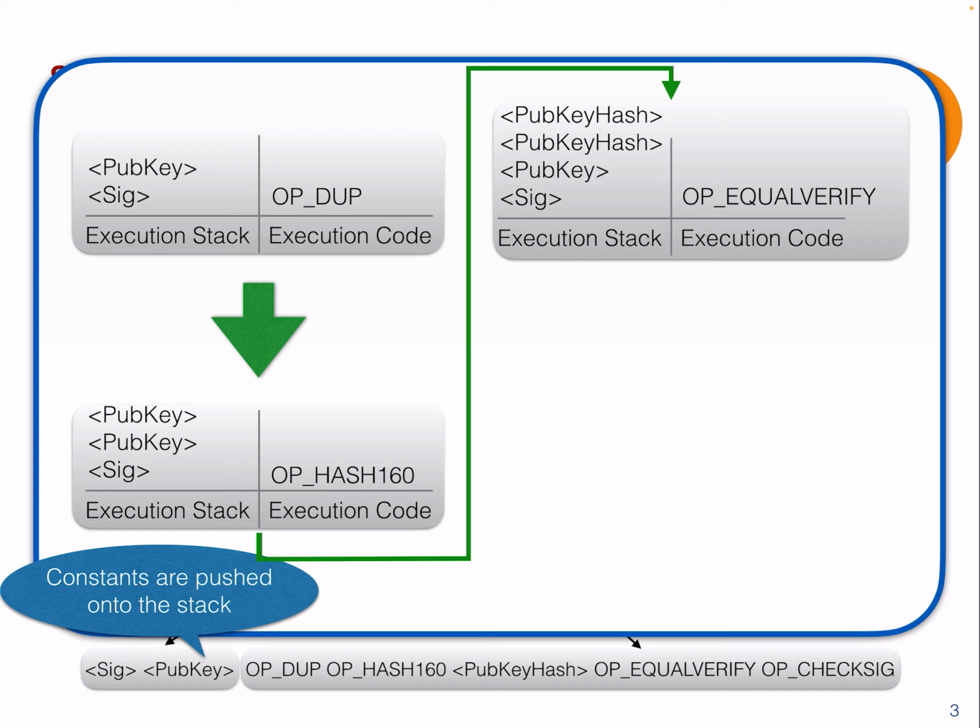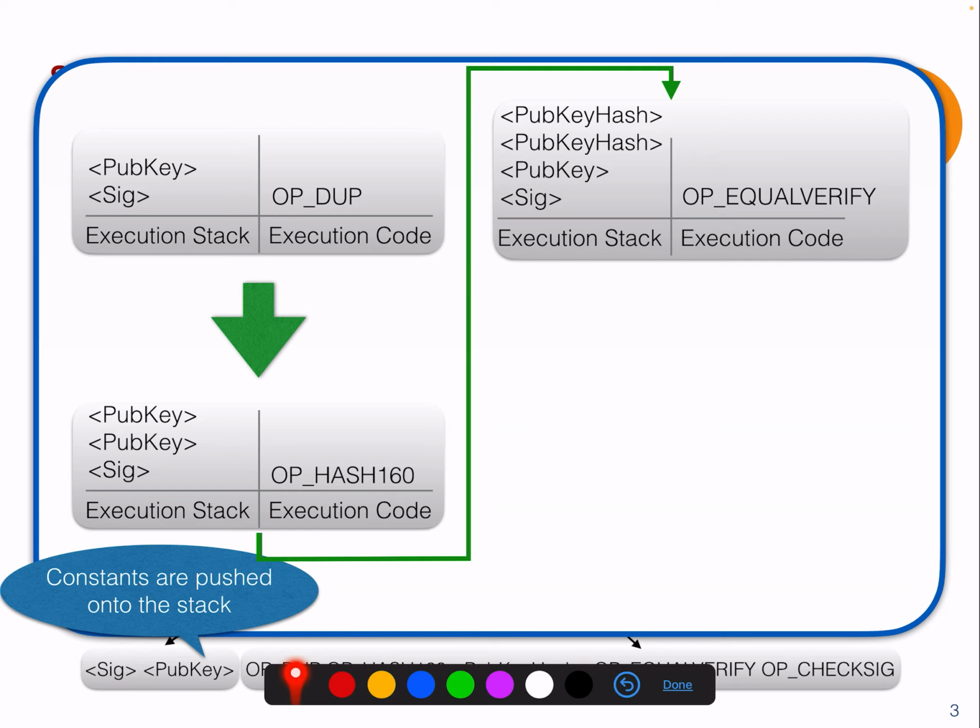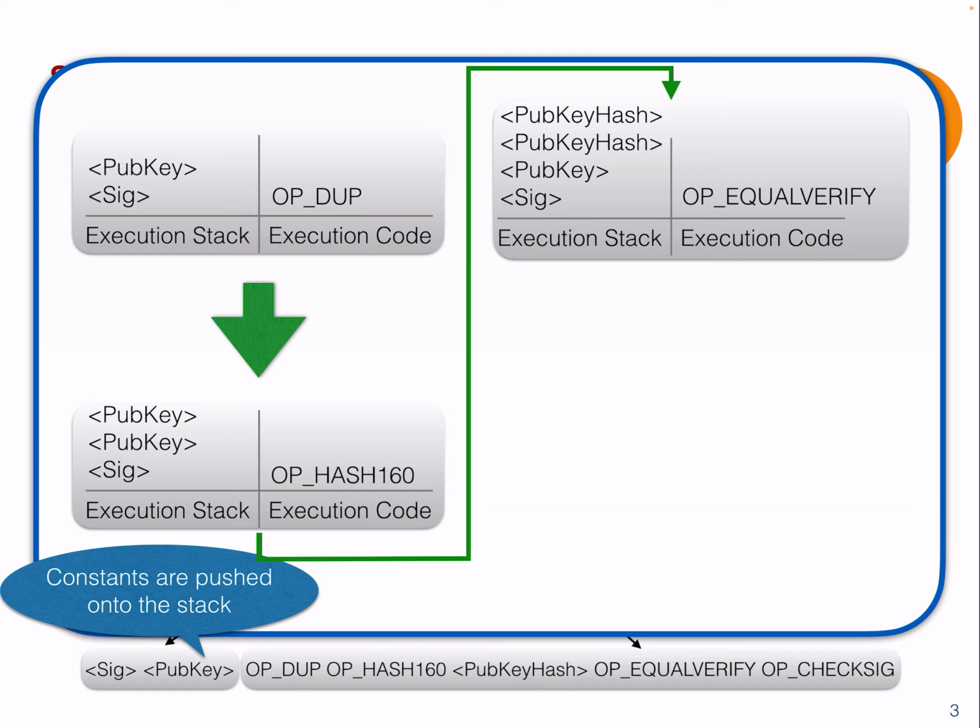Let me resolve the puzzle. Here at the bottom we have a public key hash. This is another constant that's pushed onto the stack, and I just skipped this particular step to have enough space on the slide. But for those of you who were attentive, I think you saw that this is a particular constant that we put onto the stack.